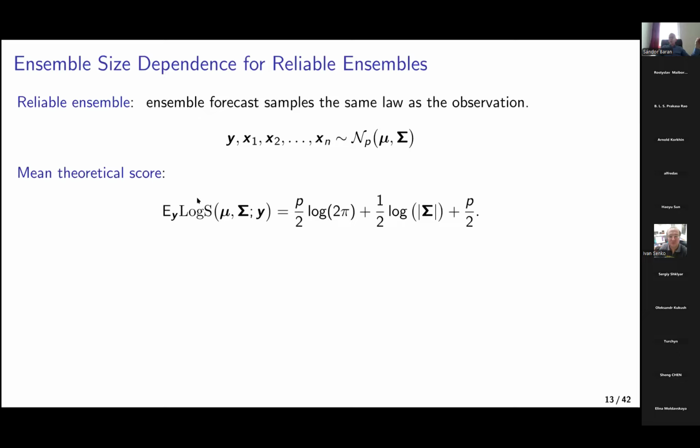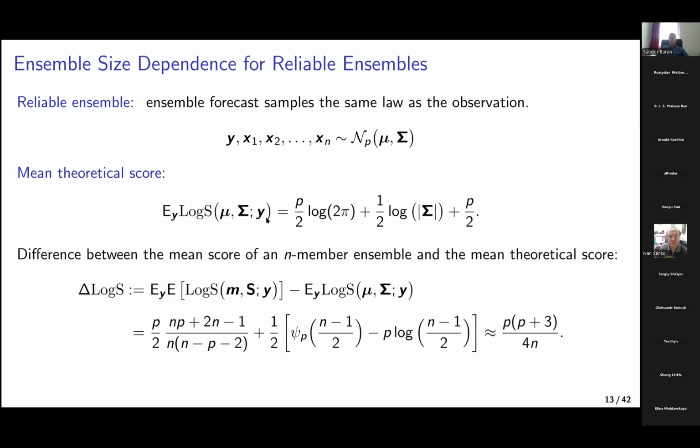We have the theoretical score for this forecast, and obviously it still depends on the observation which follows the same Gaussian law. So we can take the mean theoretical score when the mean is taken with respect to the observation. And we can take the mean of the empirical score with respect to the forecast and with respect to the observation. And we can check the deviation.